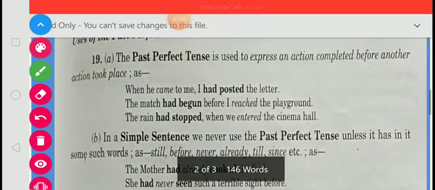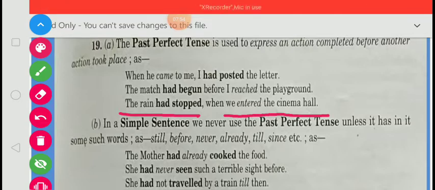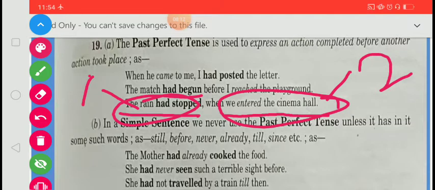Okay students, look at the third example. The rain had stopped when we entered the cinema hall. So the rain had stopped, so this action takes place first, and this action takes place second, after this action.